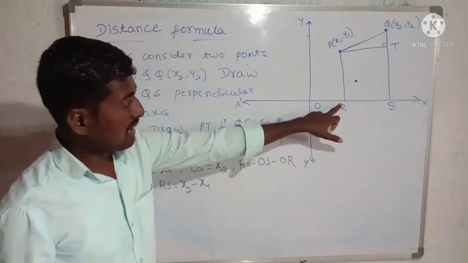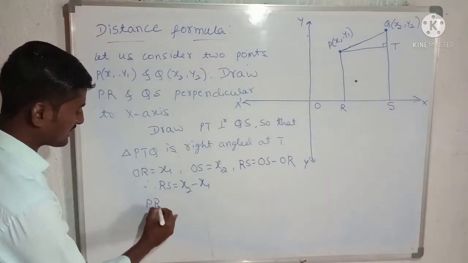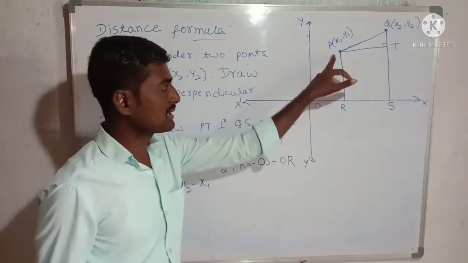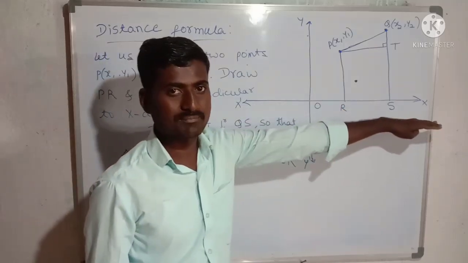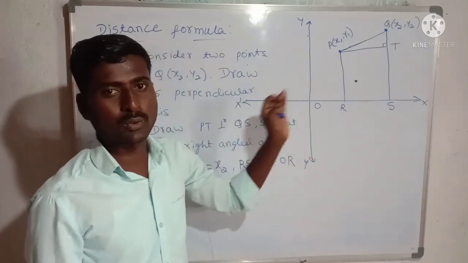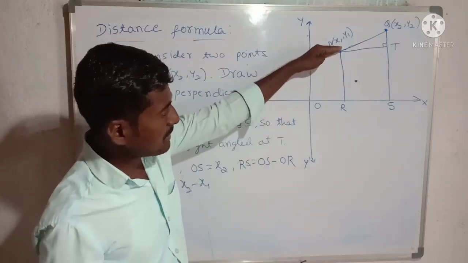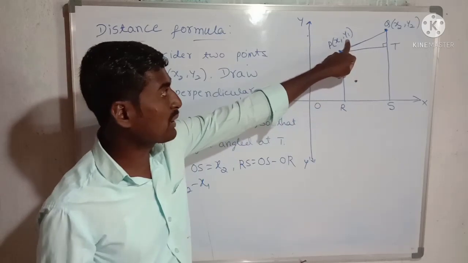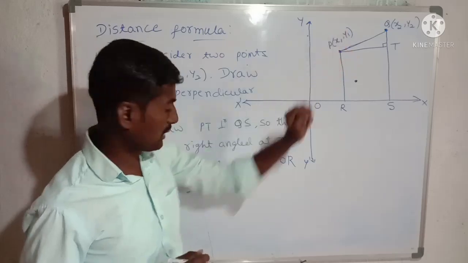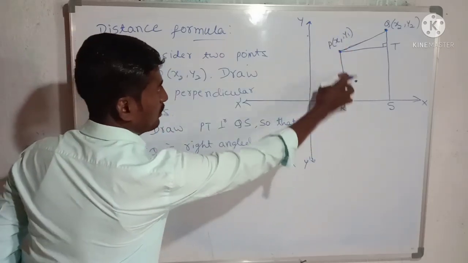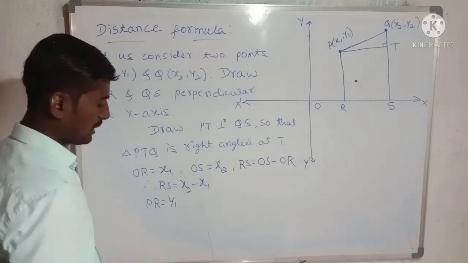Then one more, I will get the value PR. PR is nothing but the distance of the point P from the x-axis. So already we know the definition of y-coordinate, or ordinate. The distance of a point from the x-axis is called the y-coordinate. The y-coordinate of this point is y1. Therefore, PR is equal to y1.